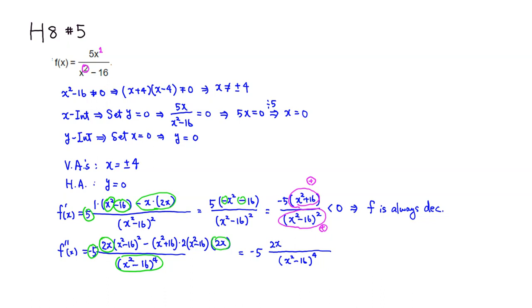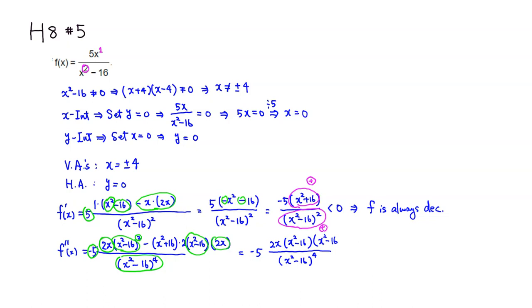Then another one here, you have x squared minus 16. You actually have 2 of those, so I take one of them. So you have x squared minus 16, and what's left over is x squared minus 16 from here.